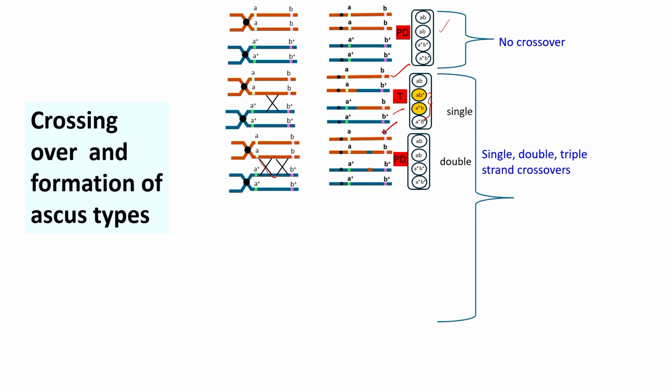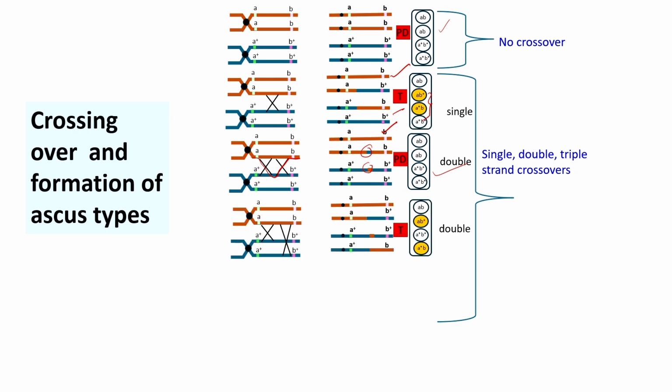It is also creating only parental ditype because one recombination is bringing the change and another one is going to bring it back, right. So, only a small piece got exchanged, and if you do not know what genes are there, then you have no way to really recognize if anything had happened or not. And that is why you will have all the parental type combinations for the genes that you are interested in studying.